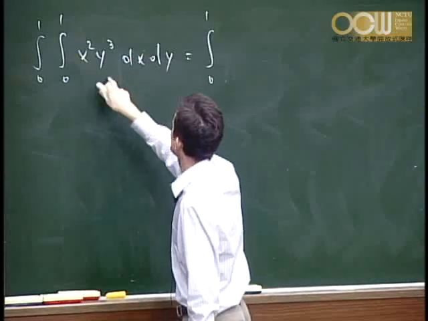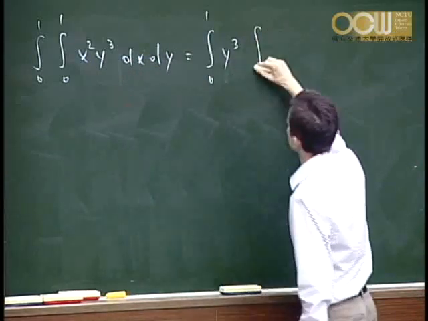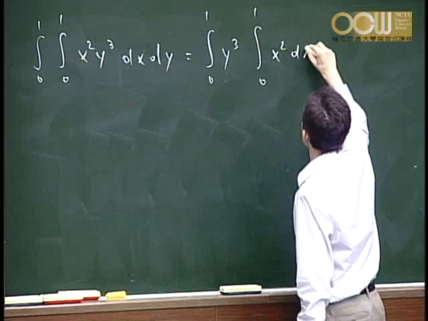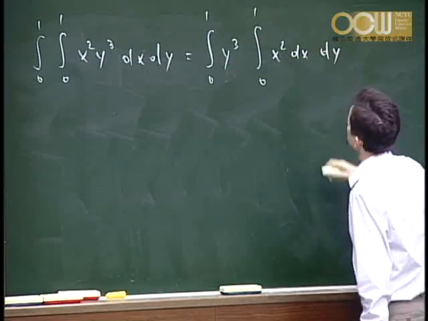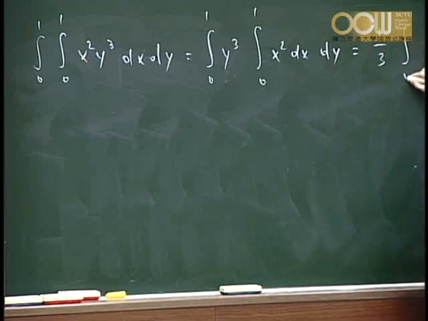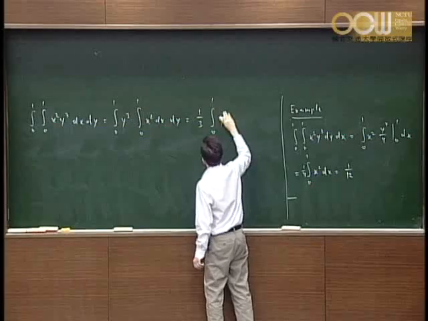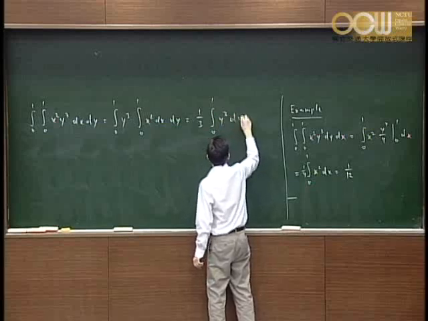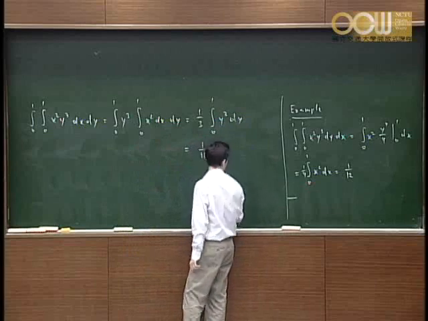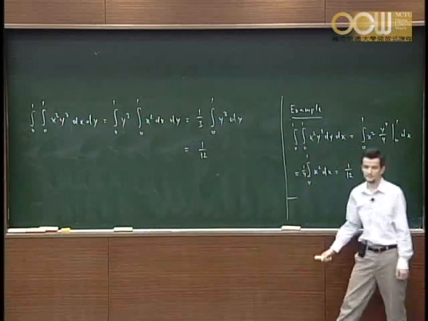Now this is with respect to x, so you take out y cubed, and then you have the integral from 0 to 1 of x squared dx dy. Here you can use the fundamental theorem, so what you get is 1 over 3, and then you have the integral from 0 to 1 of y cubed dy. And now you use once more the fundamental theorem of calculus, and you get the same answer for this example.